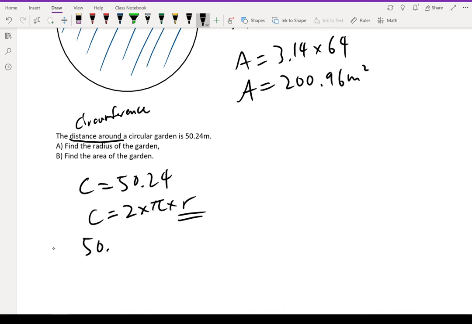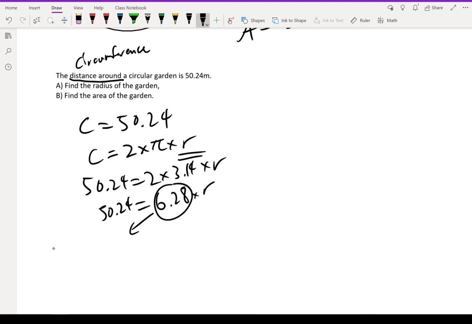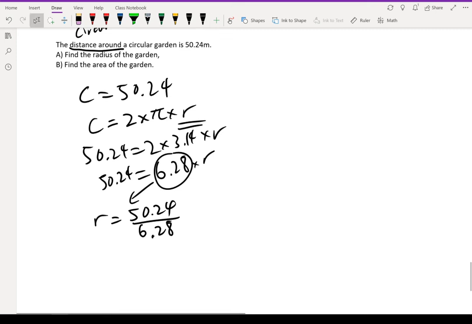So 50.24 is equal to 2 times 3.14 times r. I'm going to first do 2 times 3.14, which is going to be 6.28 times r. And then I'm going to cross multiply and bring this to the bottom, which means that r is equal to 50.24 divided by 6.28. Put it into your calculator, and you would get the radius is equal to 8 meters.